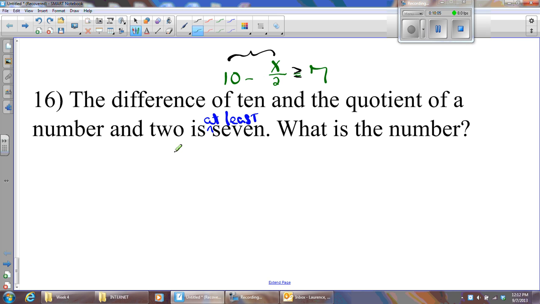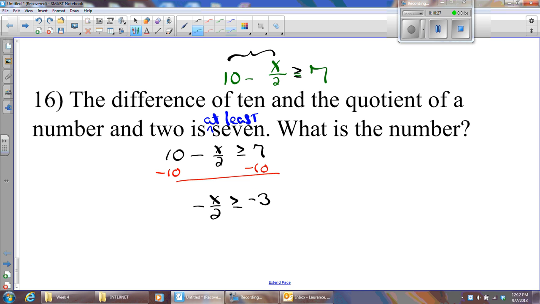So when I go to solve, 10 minus x over 2 is greater than or equal to 7. Same first step, subtracting 10. I have a negative x over 2 greater than or equal to negative 3.